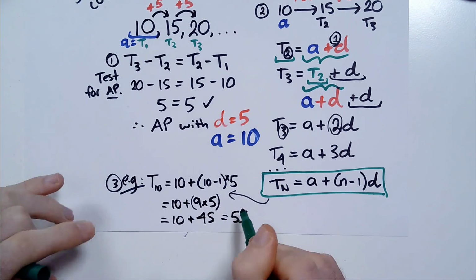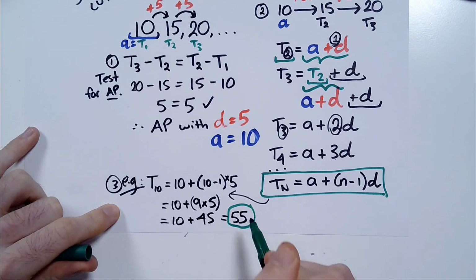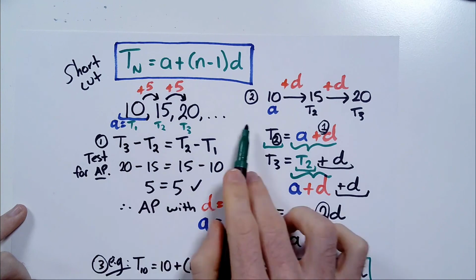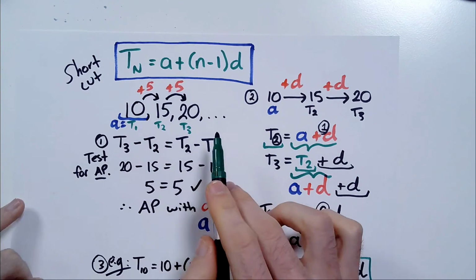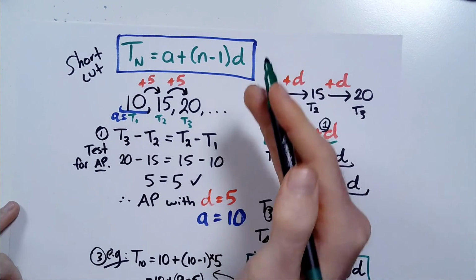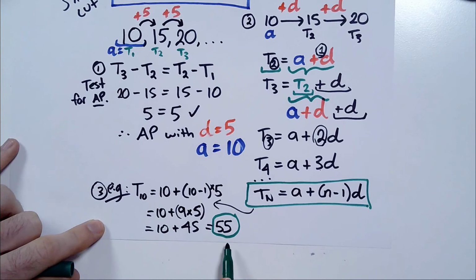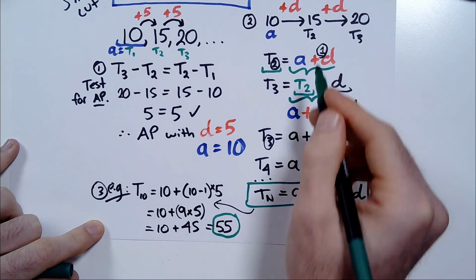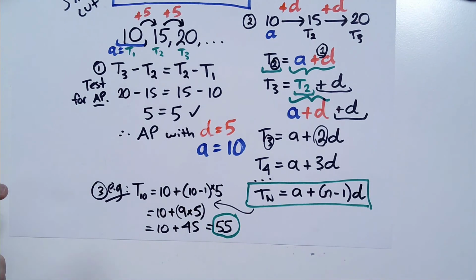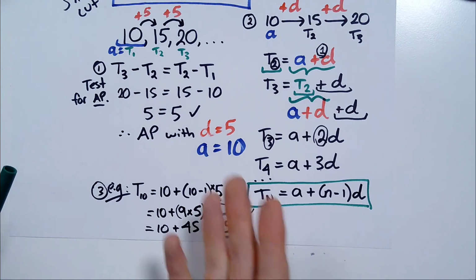Okay, so the answer here is that the 10th term, if I was to keep writing these out 10 times, 10, 15, 20, 25, and I did that to the 10th number, I would get to 55, but I've used the formula that I showed you how to get there in a quicker way. So you could find the 1000th number without writing them all out.